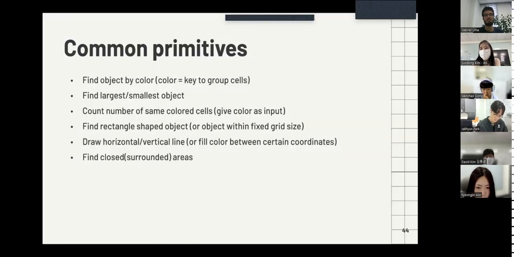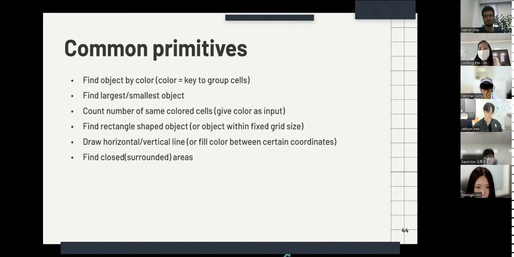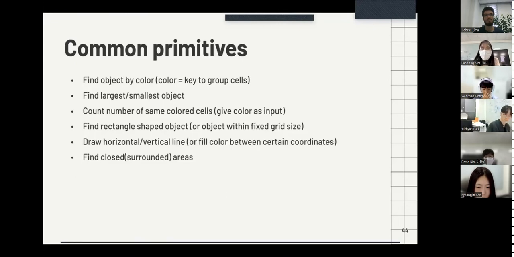And these are the common primitives: finding objects by color, finding the largest or smallest objects, or such primitives that can be easily thought of for use in general ARC problems. These are human-thought primitives, but we are hoping that AI can teach itself such primitives.